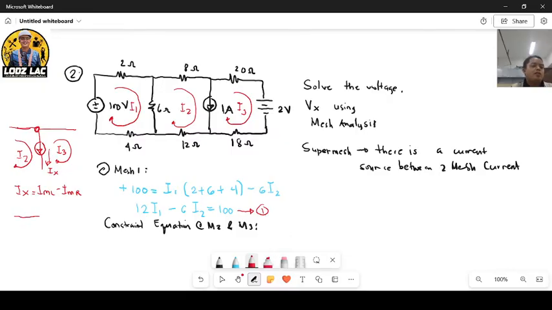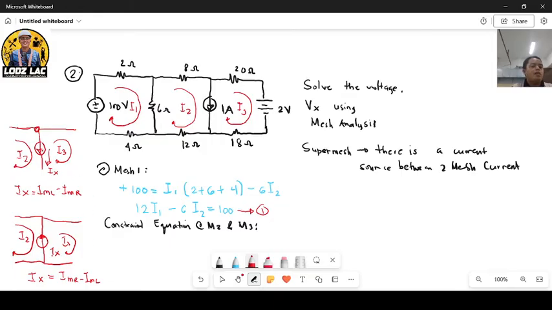What if, sir, the direction of the current source is upward? It's the opposite. Assuming this is still Ix, this is your mesh I3, and this is your mesh current I2. Applying Cañete's principle again, if upward, Ix is the mesh current to the right minus the mesh current to the left.